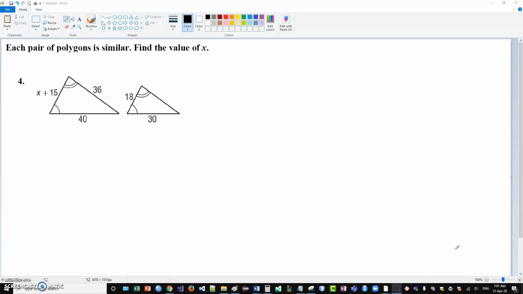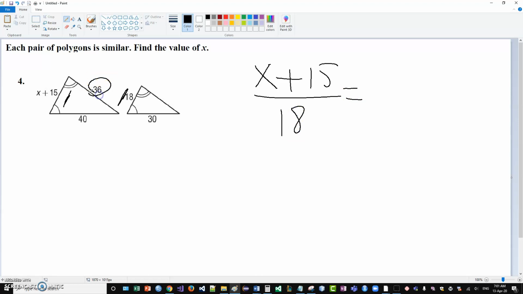Now for exercise number 4, we have x plus 15. Which side corresponds to x plus 15? It's the side that's between these two angles, so this would be the side, over 18 equals, now this side doesn't have a corresponding side, so we're going to have to use these two: 40 over 30.